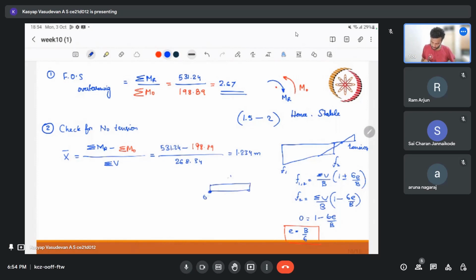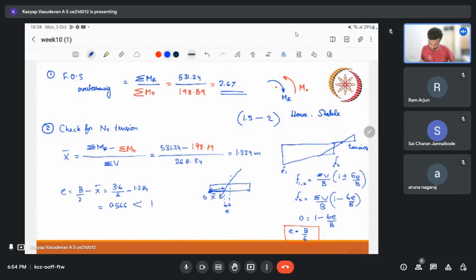So if this is the base and this is our reference point, the position of our resultant from this point is our x bar. The eccentricity we require is from the center of the base. So eccentricity is equal to B by 2 minus x bar, that is 3.6 by 2 minus 1.23, which is 0.566.